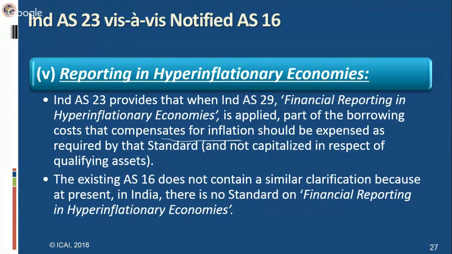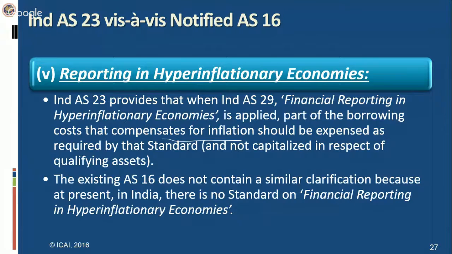As per Ind AS 23, when Ind AS 29 is applied, the part of the borrowing cost that compensates for inflation should be expensed as required by that standard and not capitalized in respect of the qualifying asset. What does it mean?